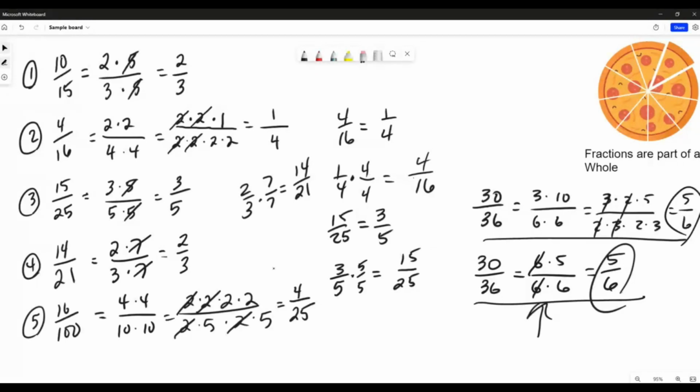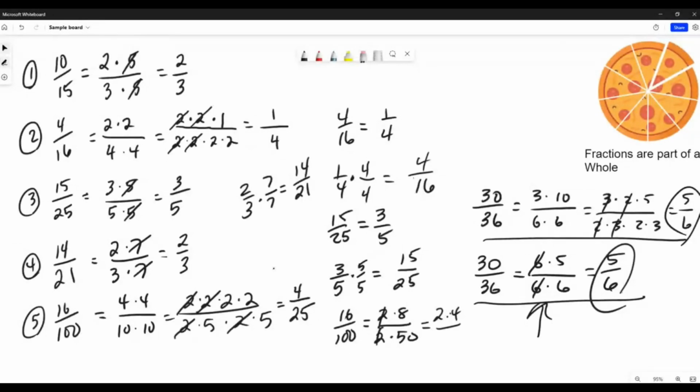For example, if I took this same 16 over 100 and I said, well, I know 2 goes into 16, it goes 8 times, and 2 goes into 100 50 times. All right, well, those 2's divide out, but I'm not done. Because now I look and see, oh, wait a minute, 8, I know that 2 will go into 8 4 times.